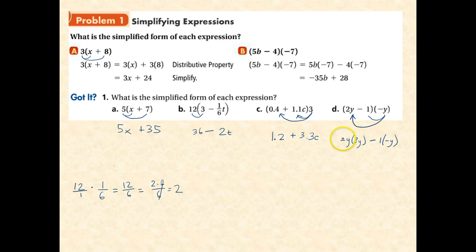Negative y times 2y, negative times a positive will be negative 2, and then y times y is y squared. Here I got a negative times a negative, which is positive, so plus y.